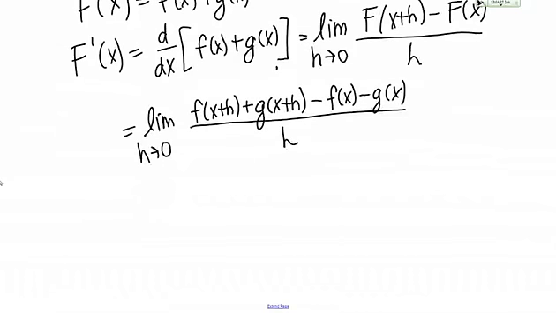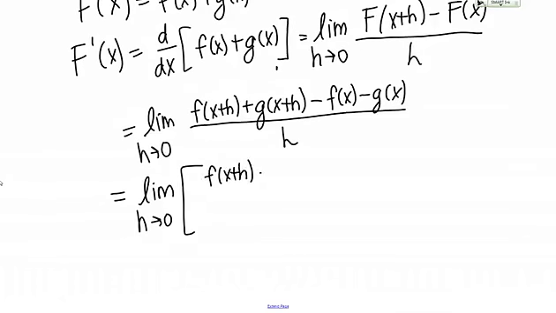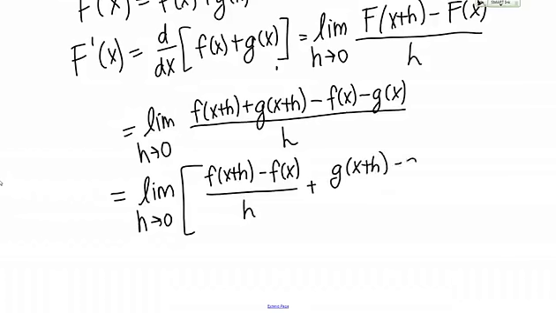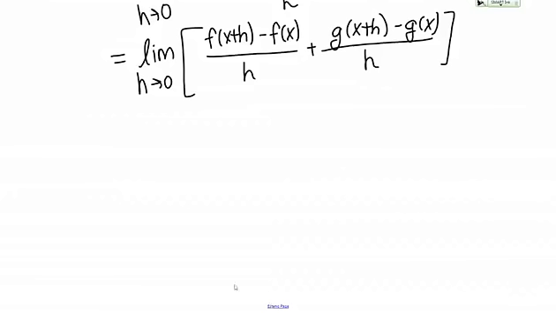Now if I wanted to, I could regroup this expression in the following way. The limit as h goes to 0 of f of x plus h minus f of x all over h plus g of x plus h minus g of x all over h. Okay, so I kept the same terms, I just regrouped them in a different way. Now I have the limit of a sum.